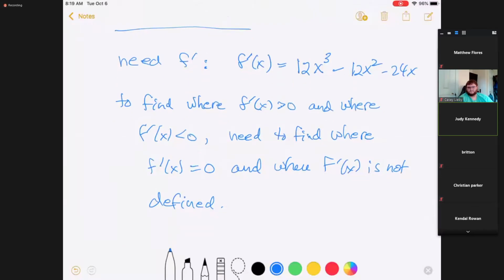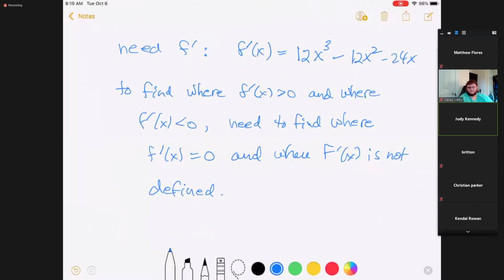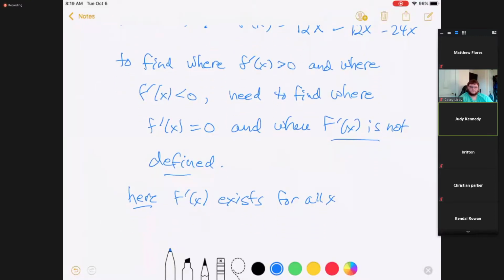Okay, well, f prime of x here always exists. Actually, I'm looking for the critical numbers, okay? We talked about that last week. We're looking for the critical numbers.